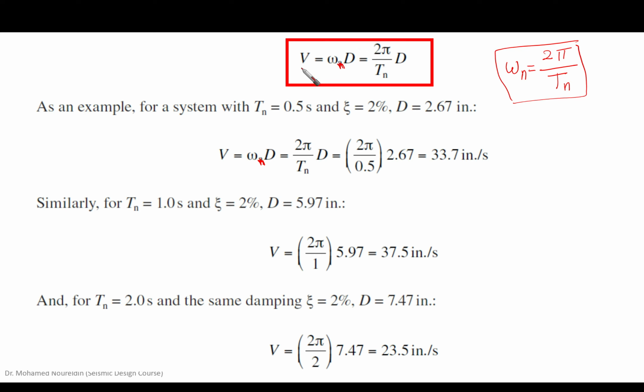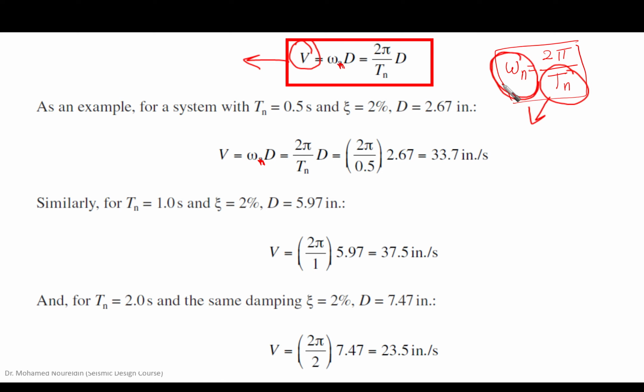The equation is simple: V, the pseudo velocity, equals omega n times D. Omega n is the natural circular frequency of the system, which is 2 pi over Tn, where Tn is the natural period.